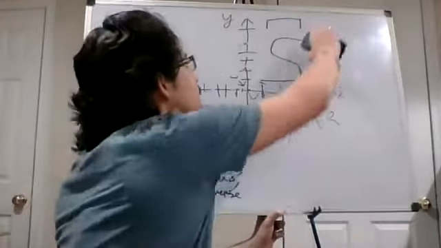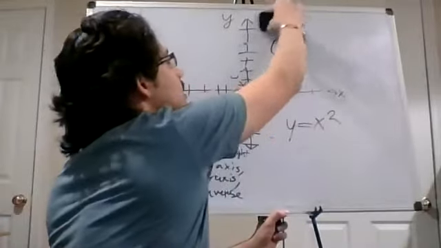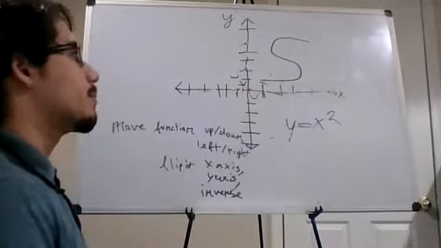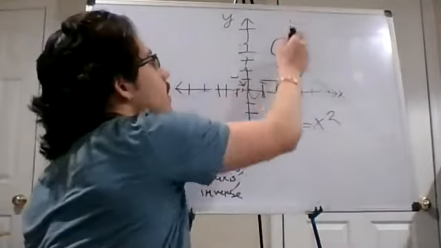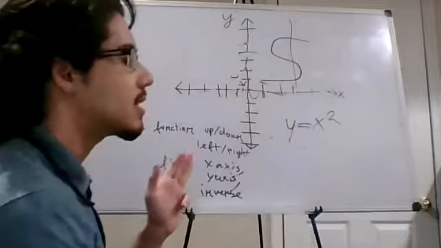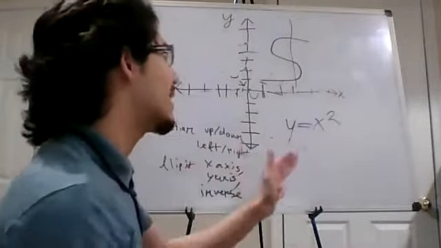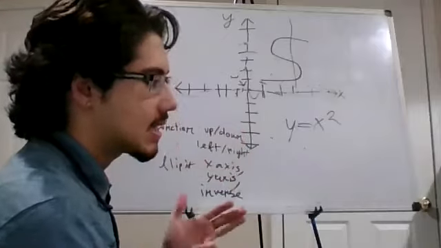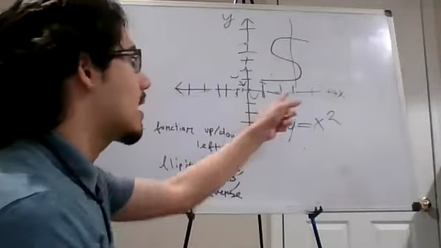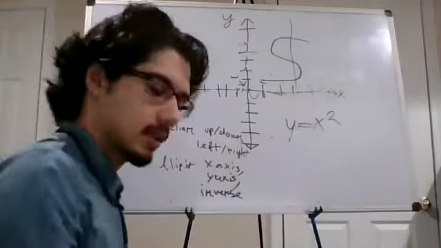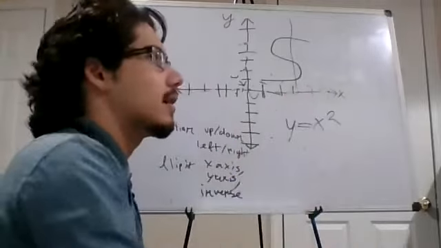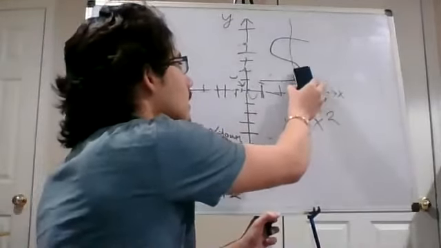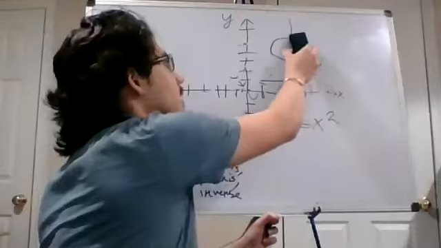The way you would recognize this is by using what's called a vertical line test, which basically means that if you can draw a vertical line and it touches the function at multiple places, that means multiple y values exist at a certain x value, and it is not qualified as a function.